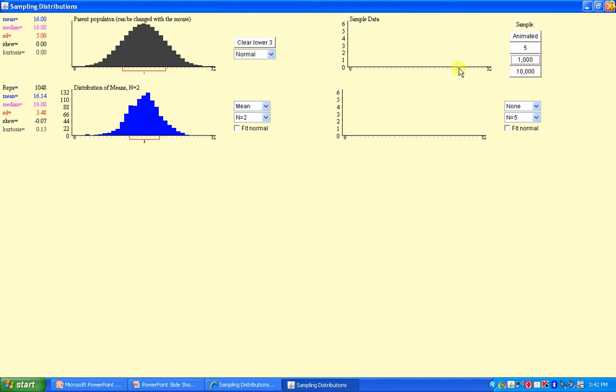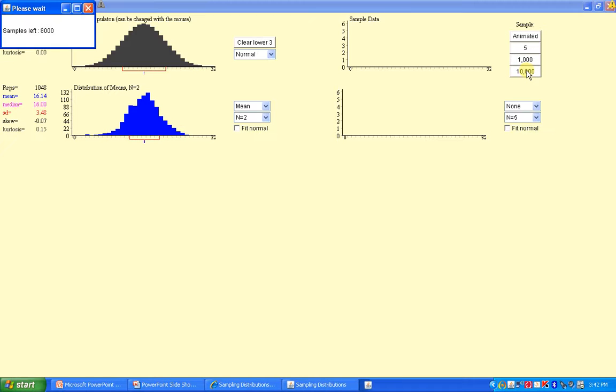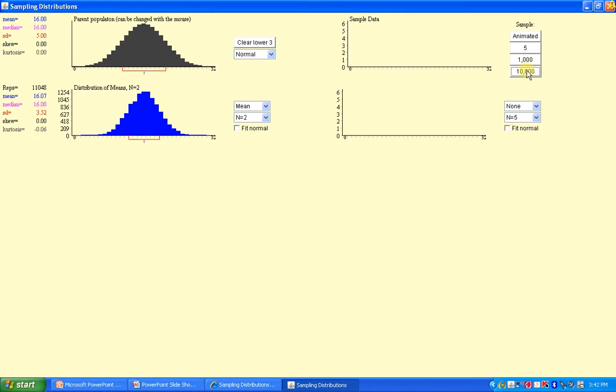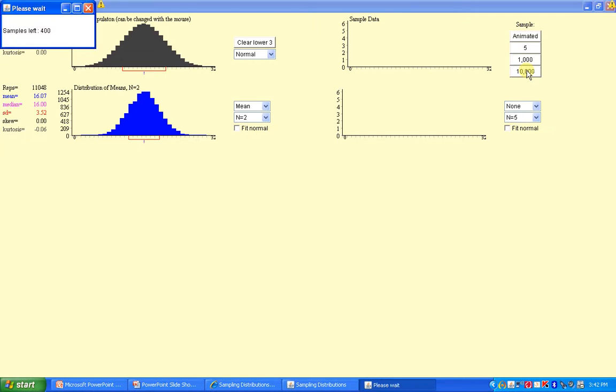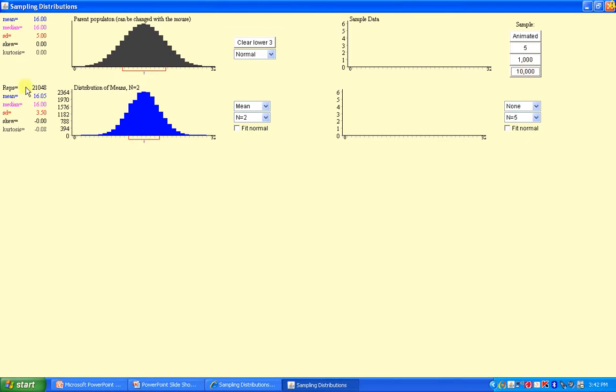We can start seeing this thing playing out a little bit. Let me do another 10,000. Once you do 10,000, you're basically looking at the true sampling distribution. I can do another. Now I'm looking at 21,000 times. I've taken 2 values from this population, taken the mean, and then plotted the mean.